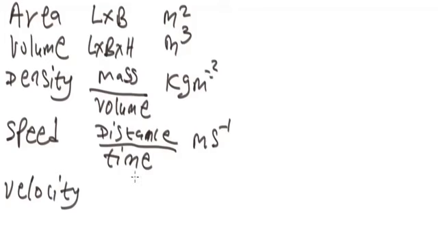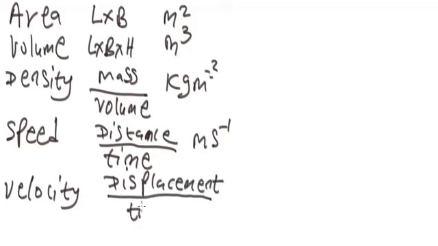So velocity is calculated using displacement over time, and it has the same unit as speed, meter per second. Now the difference between speed and velocity is that speed is a scalar quantity, whereas velocity is a vector quantity. Speed has magnitude but no direction, but velocity has both magnitude and what? Direction.